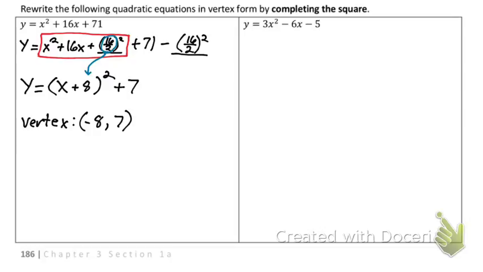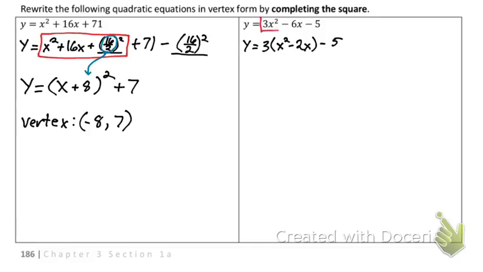But here's where the trouble comes in. I'm going to have 3 times x squared minus 2x. I am only going to factor it out of the thing I'm going to complete the square on. So I'm going to leave that negative 5 on the outside.